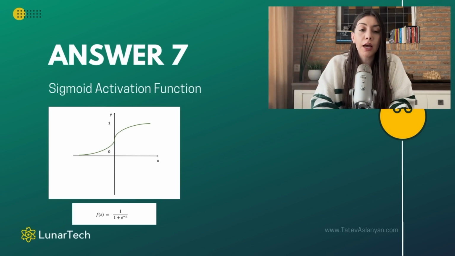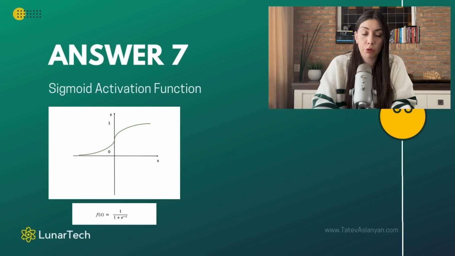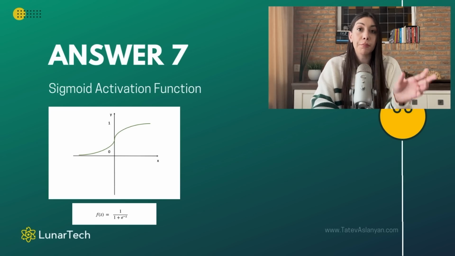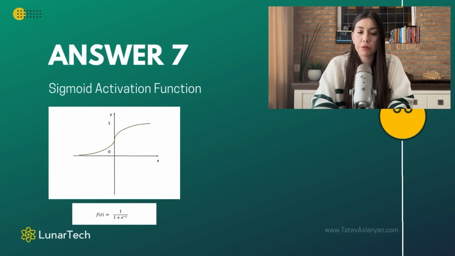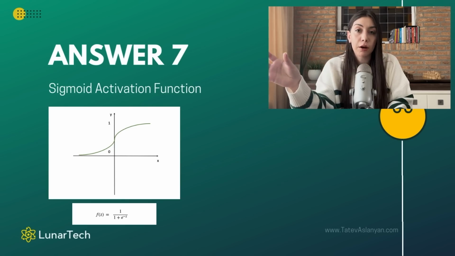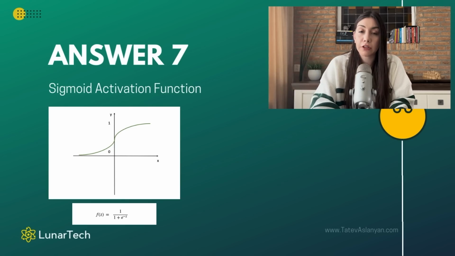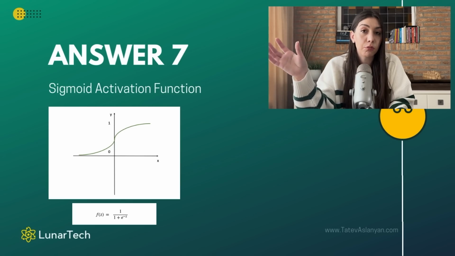If we look here, if we take, let's say, x equals minus 1000, then the corresponding y will most likely be very close to 0, which is the minimum, the extreme of this activation function. And if we take x as a very large positive number, like plus 1000, then the corresponding activation value will be very close to 1, the global maximum of this function.